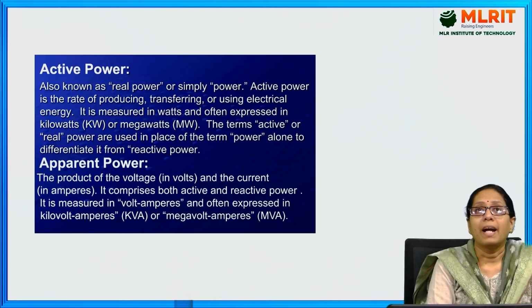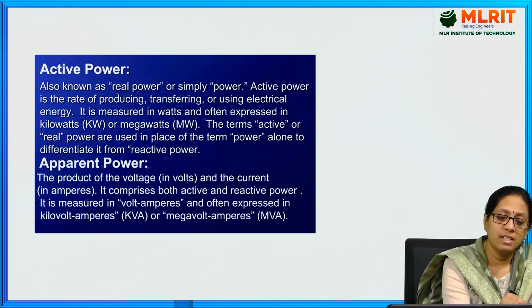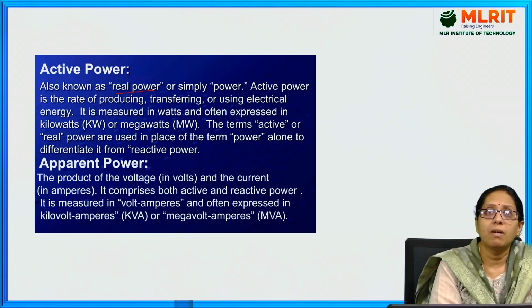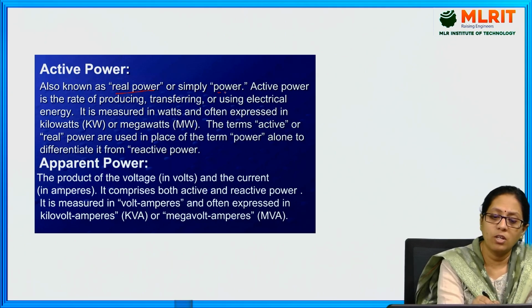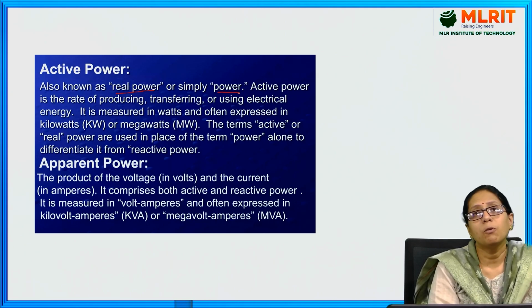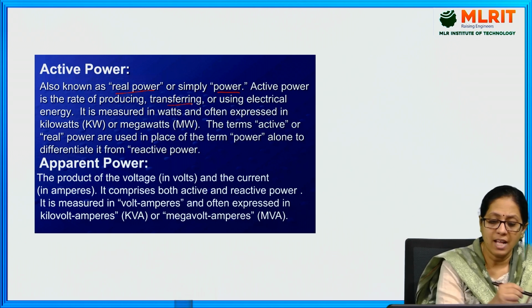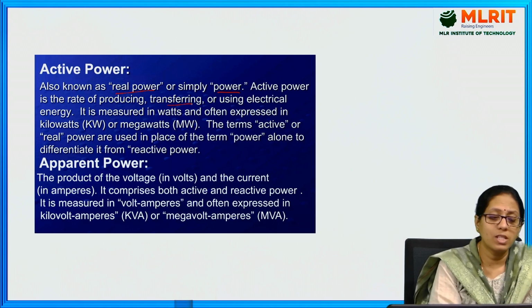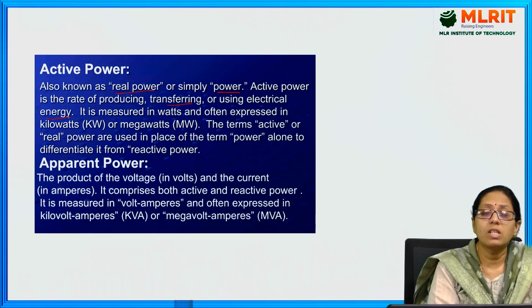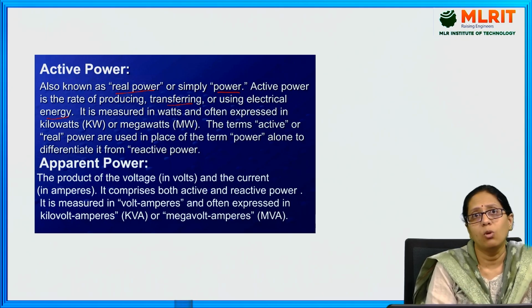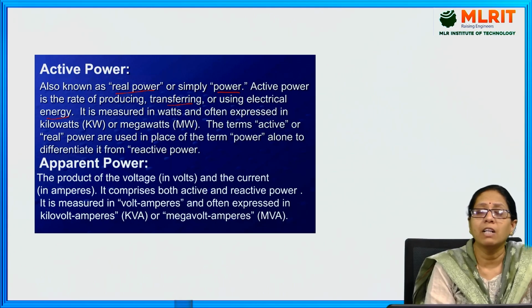Active power is also known as real power, or simply you can call it power. Active power is the rate of producing, transferring or using electrical energy. The energy which is being consumed by the load is your active power.